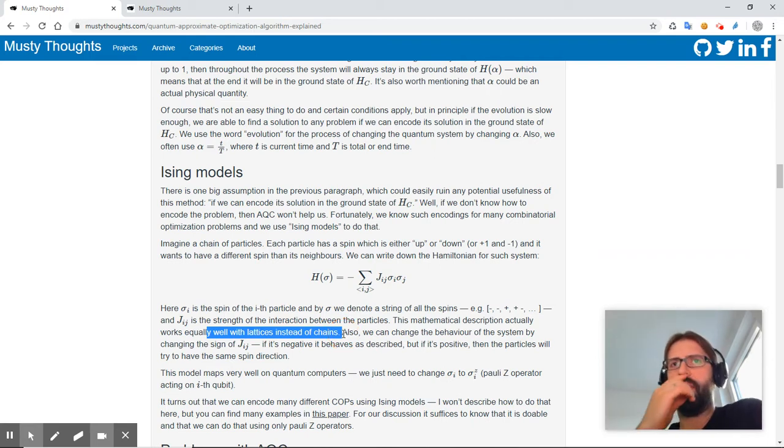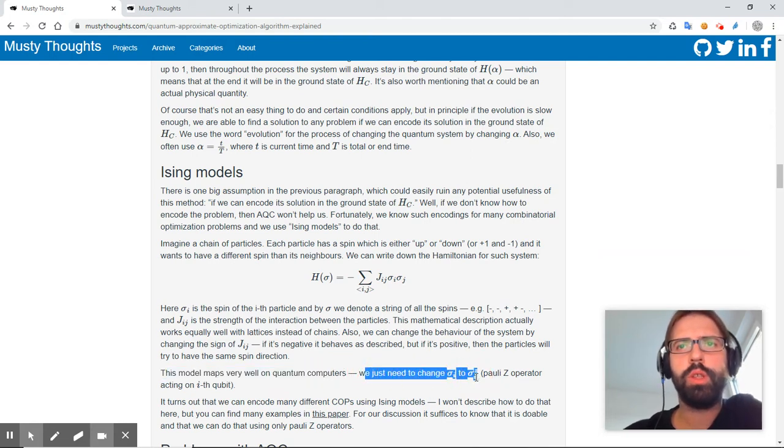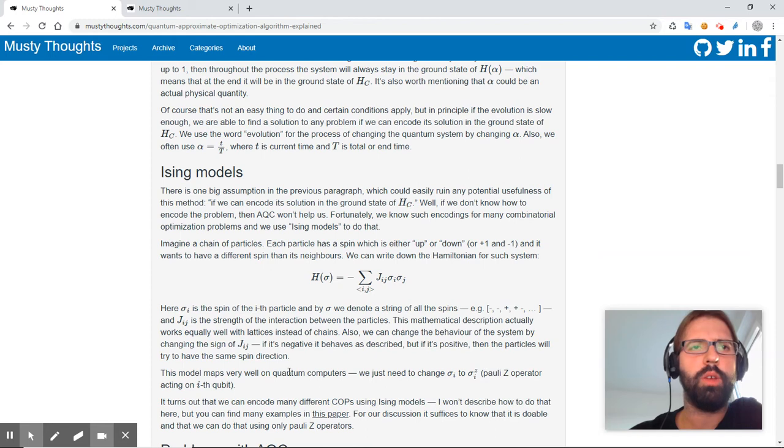Also, we can change the behavior of the system by changing the sign of J. If it's negative, it behaves as described, but if it's positive, then the particles will try to have the same spin direction. This model maps very well onto quantum computers. We just need to change those spins to Z operators acting on the ith qubit.